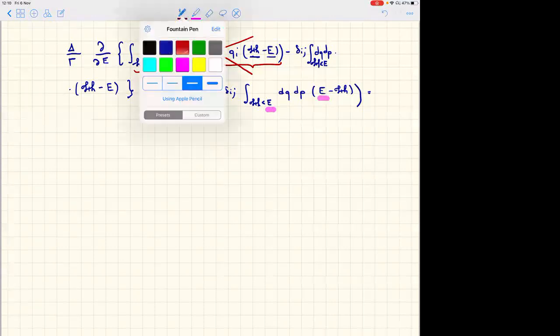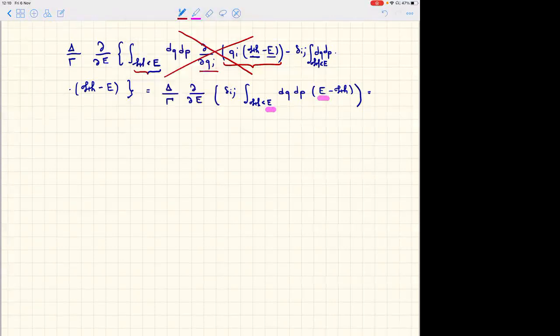Now, let's think about when this derivative acts on the boundary of integration. Suppose that I give you an integral between 0 and x dy f of y, and I take a derivative with respect to x. This is equal to what? This derivative is equal to what, guys?